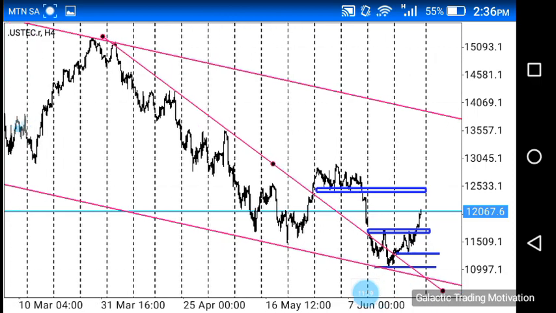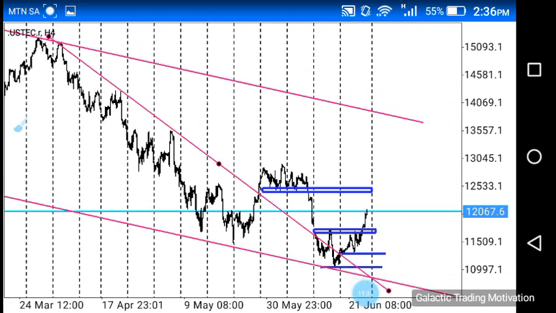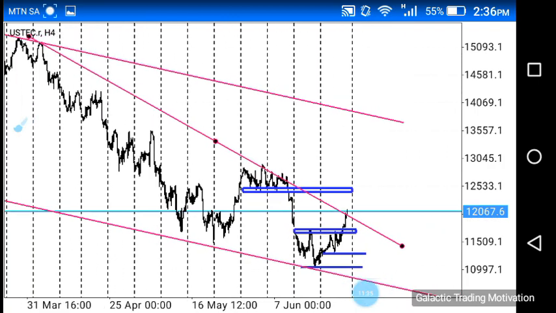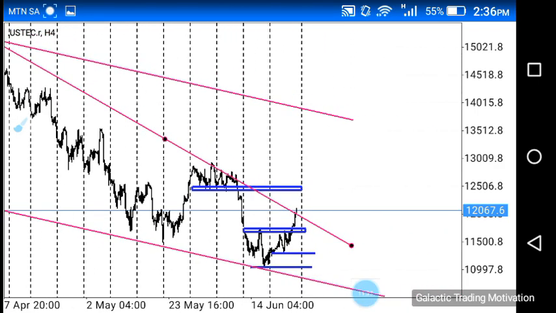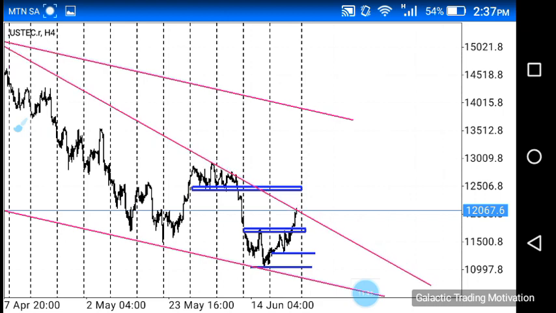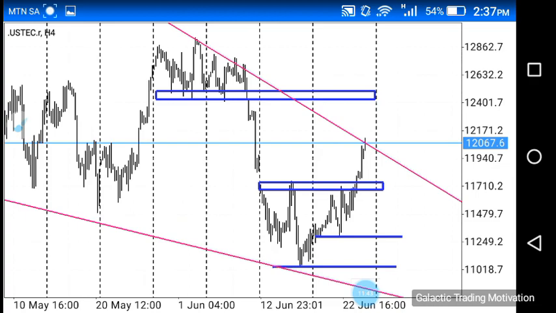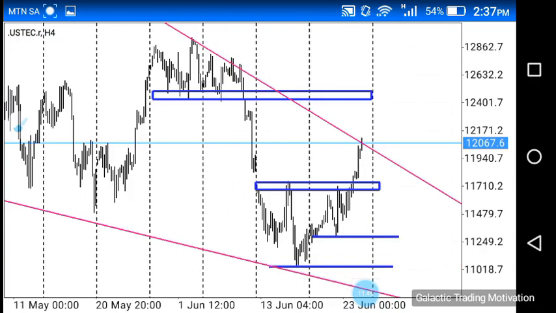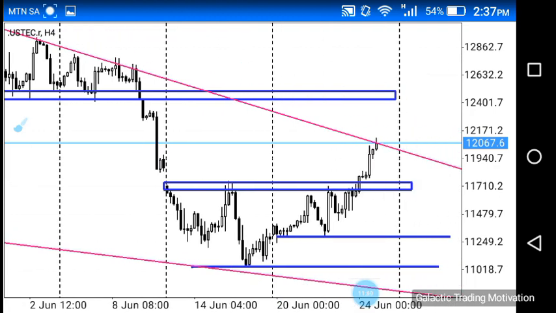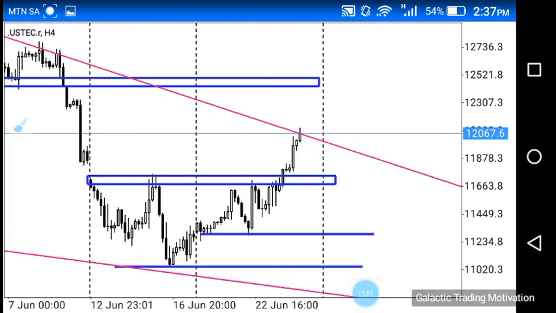Then this one as well. There we go. All right. So here we are on the H4 chart. Let's see. So what do we see on this H4 chart that is interesting?